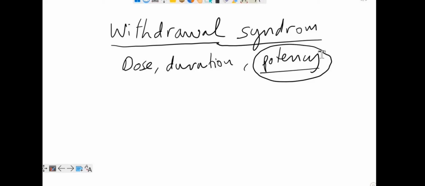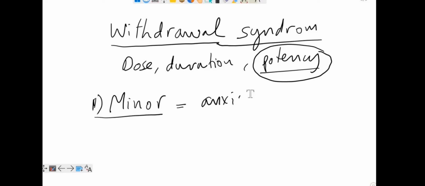If the dose is low and the duration is short, of course, then I will see minor withdrawal syndromes. These minor withdrawal syndromes consist of anxiety. Of course, his anxiety will become worse than before treatment, after stopping the drug. Then insomnia, which is the opposite of the initial effect.